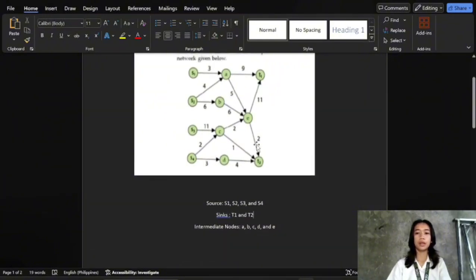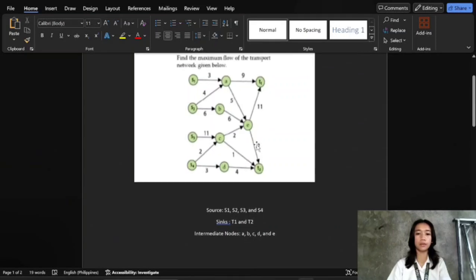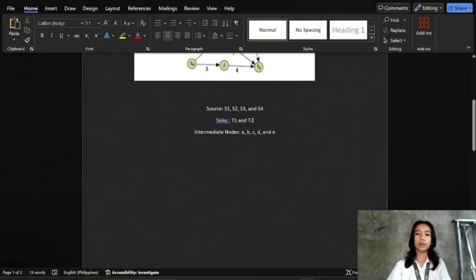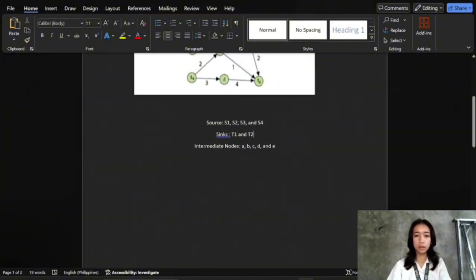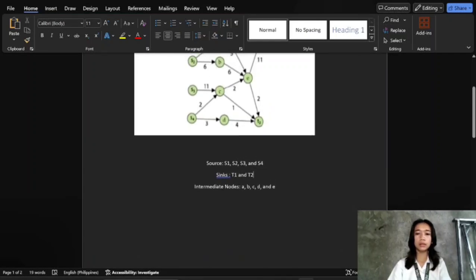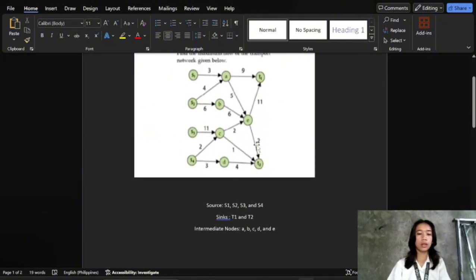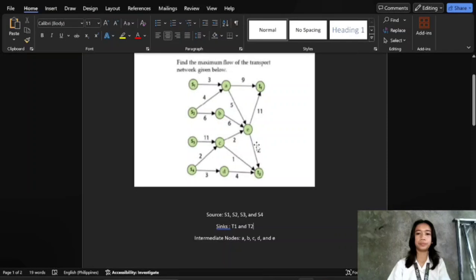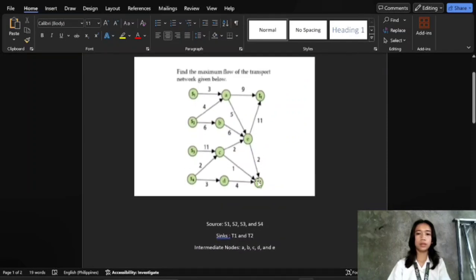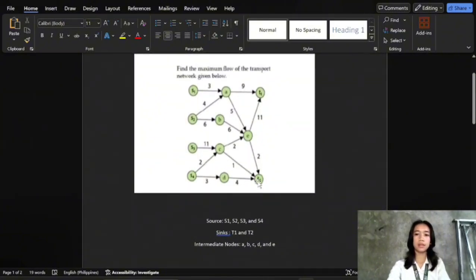The residual capacity of an edge is the original capacity minus the current flow. We need to repeat and continue until no augmenting path exists from S to T, from the source to the sink.